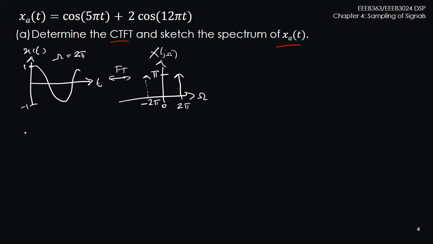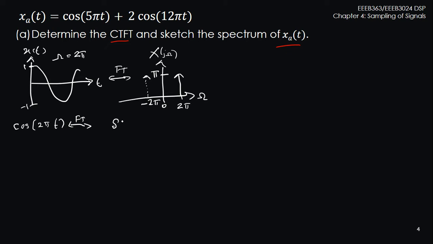So that written in equation form would be, in the time domain, cosine 2 pi t, for this example, and then its Fourier transform will be, okay, of pulses.